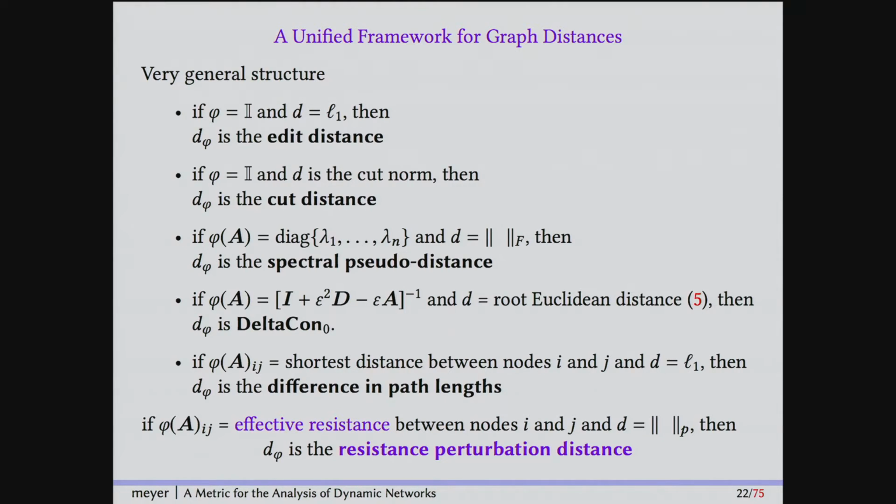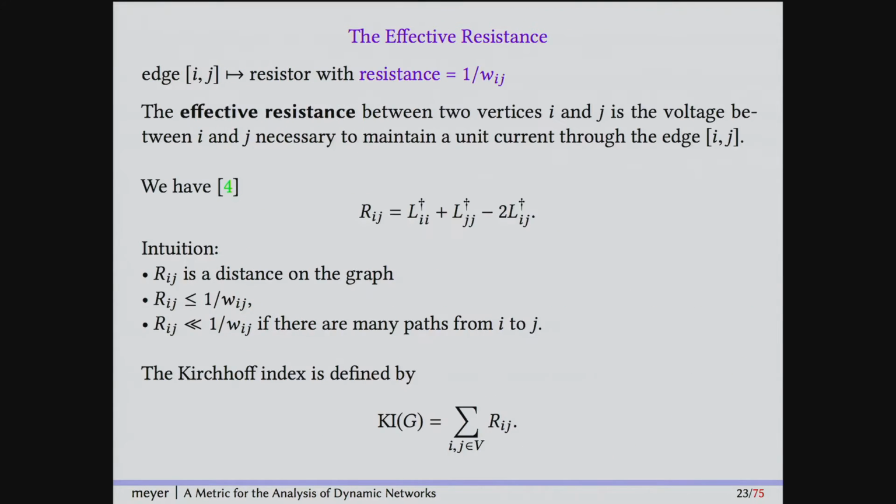You recover pretty much every distance you can come up with. So it's rich because it allows us to generalize to something else. And so what we're going to do is we're going to change the phi matrix and compute this idea of effective resistance. And then we're going to change the norm and come up with a fast way to compute that. So what is the effective resistance?